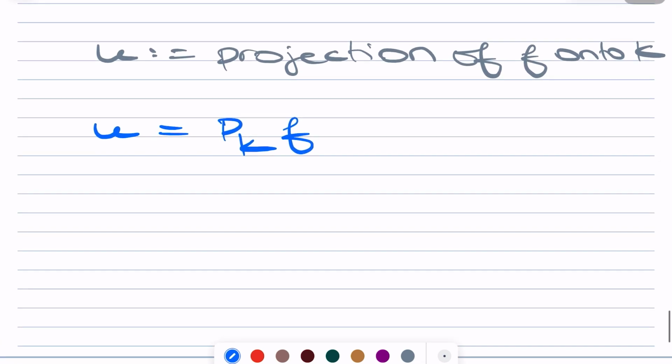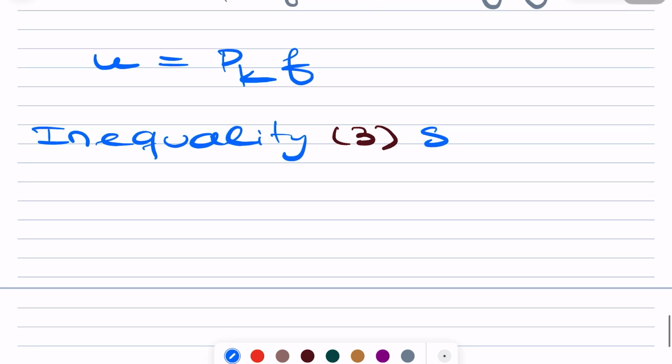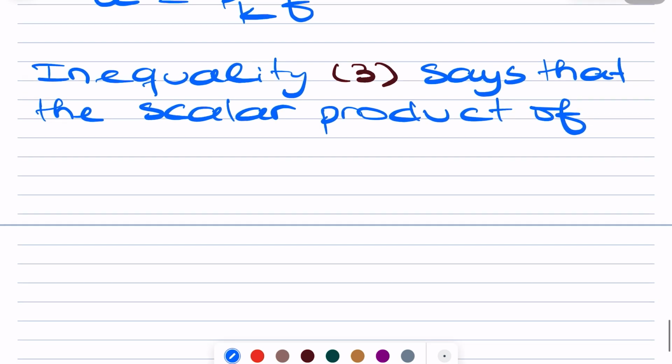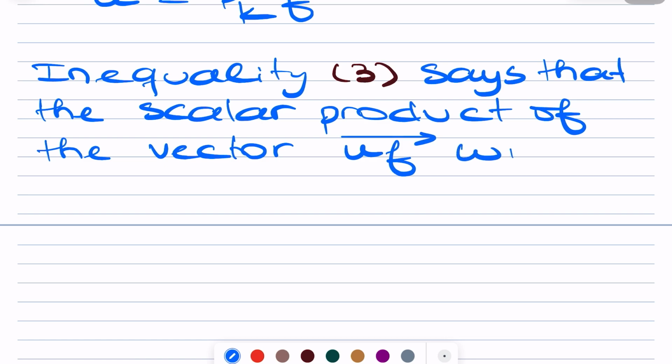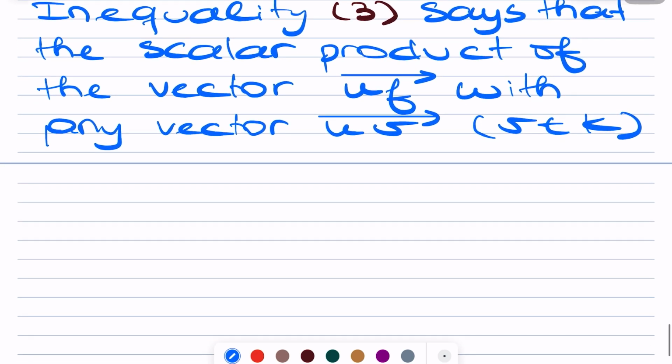Okay, so inequality 3 says that the scalar product of the vector uf, this is an abuse of notation somehow, with any vector, say uv, when v in K, of course, is less or equal than 0.